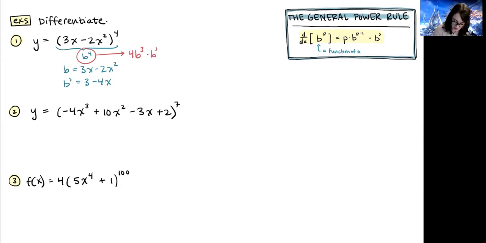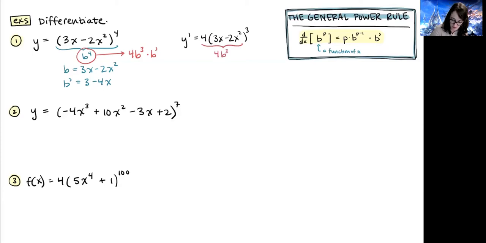So when we differentiate the whole function, y prime, we bring the 4 down and multiply in front of the whole thing. We subtract 1 from the power, so we get 4 times 3x minus 2x squared, all raised to the 3rd. Okay, so here's the 4b cubed.